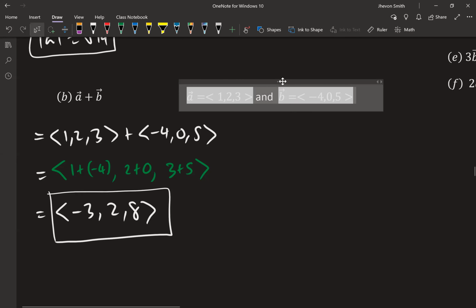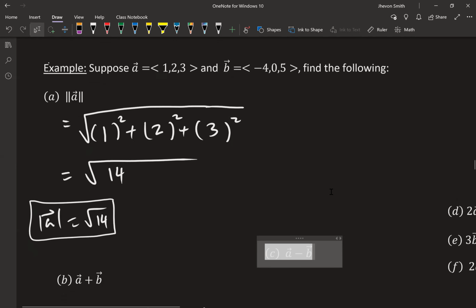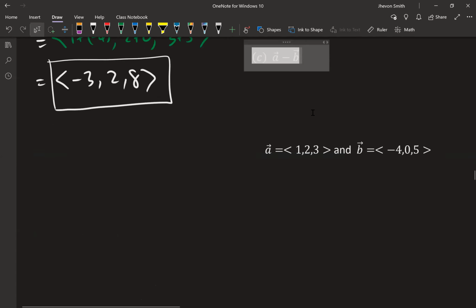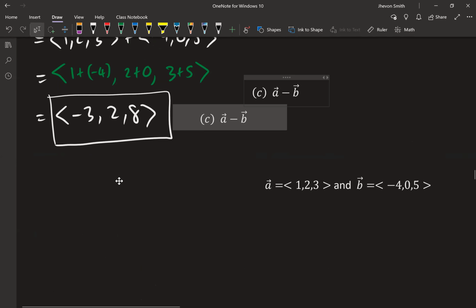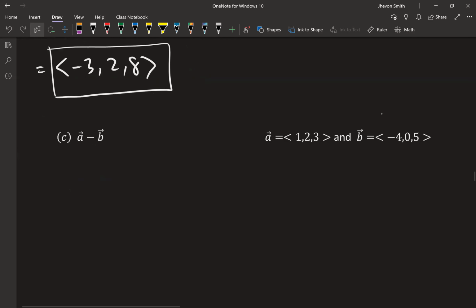Okay, moving A and B down here and moving this guy. Subtraction is very similar. You just subtract the corresponding components. So this is going to be 1, 2, 3 minus 4, 0, 5. And of course, you subtract the corresponding components.